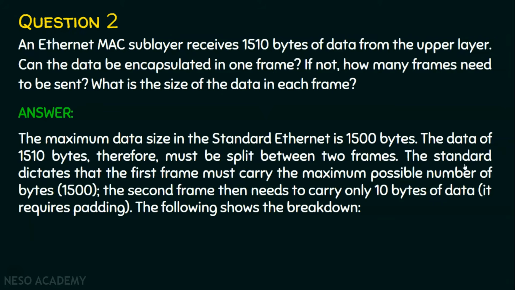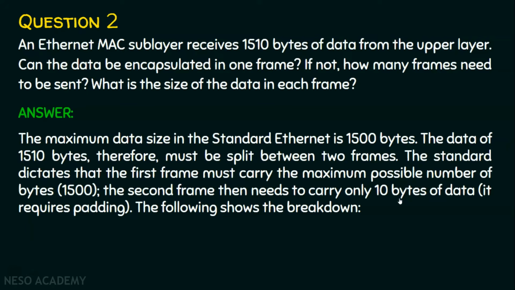Also, the standard dictates that the first frame must carry the maximum possible number of bytes. What's the maximum possible bytes? It's 1500 bytes in one frame, and the remaining, 1510 minus 1500, is 10. So the second frame then needs to carry only 10 bytes. Again, 10 bytes cannot be sent because the minimum payload size in an Ethernet frame should be 46 bytes.